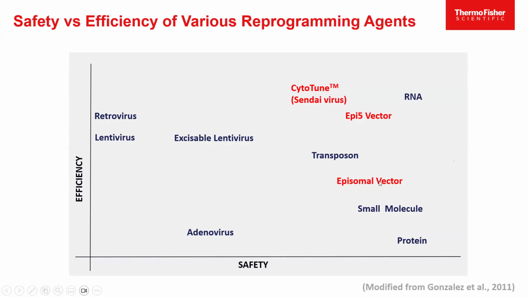So if you're looking at all these different ways in which you can deliver these reprogramming Yamanaka factors into the cells, what you want is basically a method that's highly safe, but also highly efficient, that sits in this top quadrant over here. And this is just an old slide, but you see that the three methods highlighted in red here are three methods that we offer, for example, at Thermo Fisher specifically.